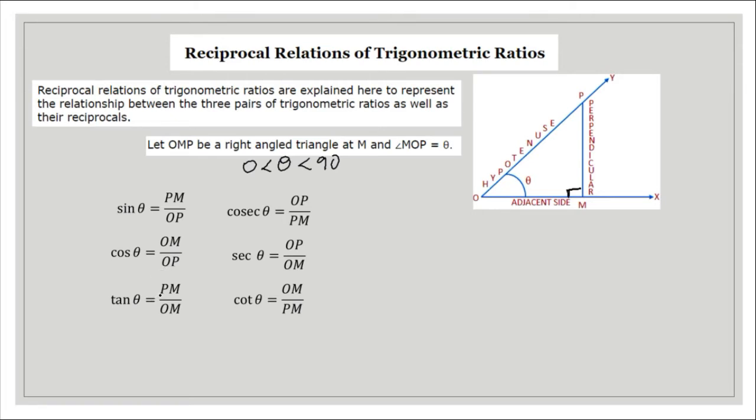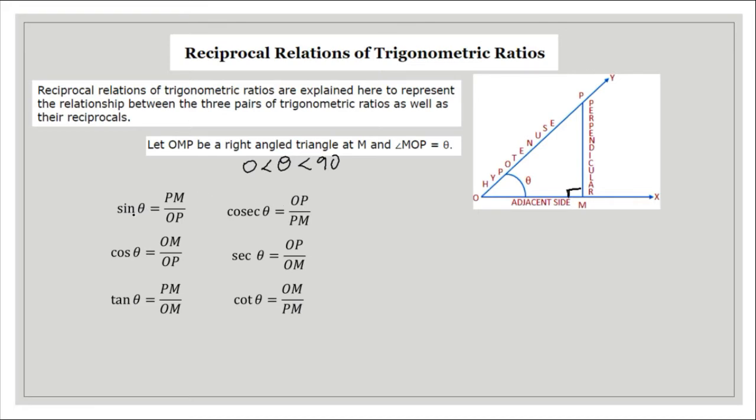Tan theta is perpendicular by adjacent side, in other words opposite by adjacent. Cosec theta is OP by PM.